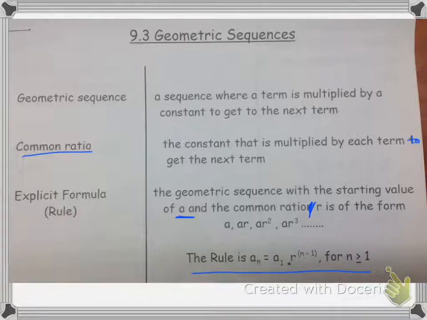It's of the form A, and then you multiply by R, you multiply by another R, so that would be R squared, you multiply by another R. In general, you can use this rule: A sub n is equal to A1 times R raised to the n minus 1, where n is greater than or equal to 1. That times is a little bit lower; I didn't get to fix that one.